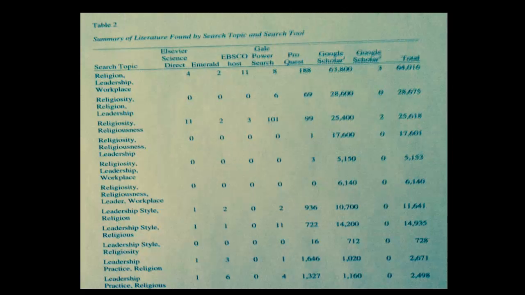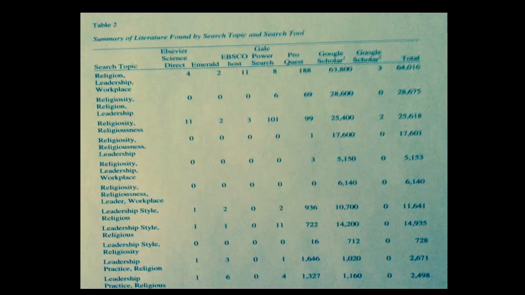In this slide here, you can see his table 2, the summary of literature found by search topic and search tool, provides literally information from thousands of different topics and areas that he looked at. So if you look across the top from left to right, you'll see the different resources that he used. And if you look even under Google Scholar, you'll see in some cases there were 63,000 items there.